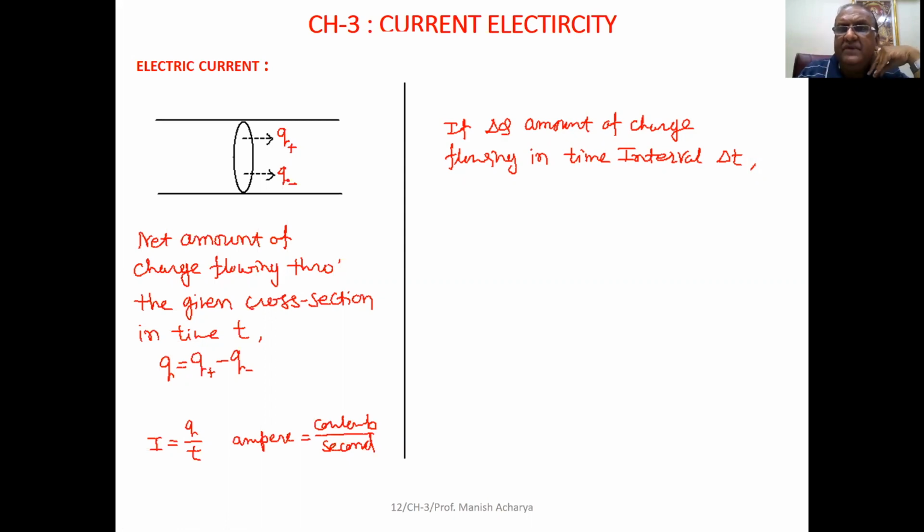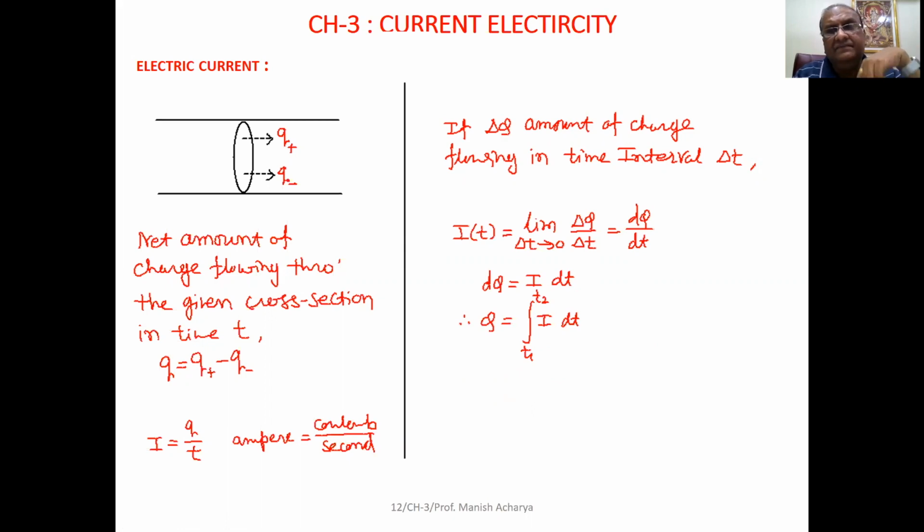Then we can give the instantaneous current at that particular instant.